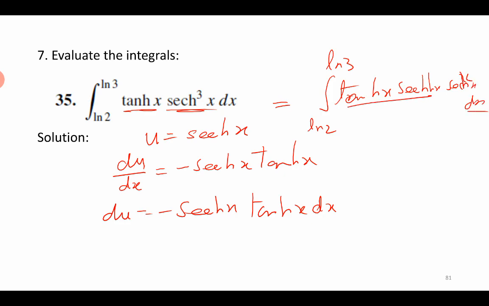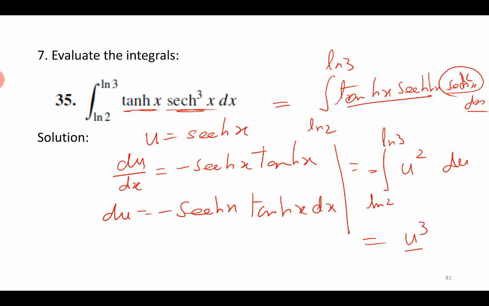These two with this one will be du, and this part will be u square, with a negative sign, isn't it? Okay. So the integration of this one is u cube over 3. Substitute the limits ln 2 to ln 3, and you'll get the answer.